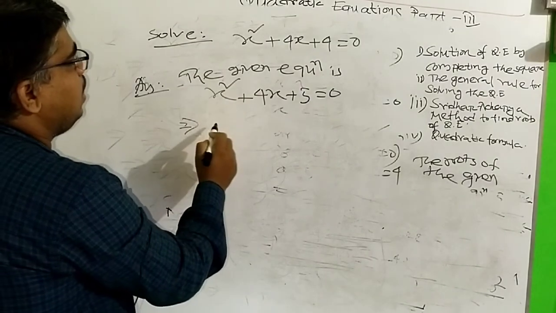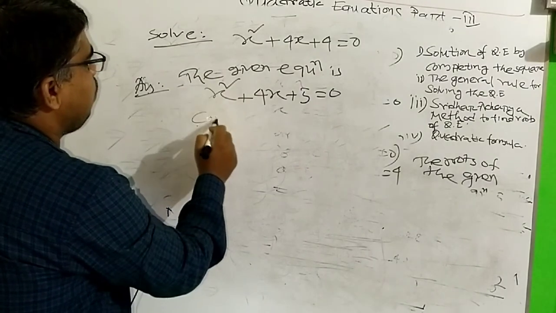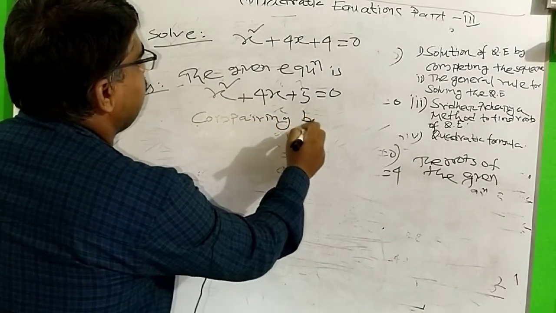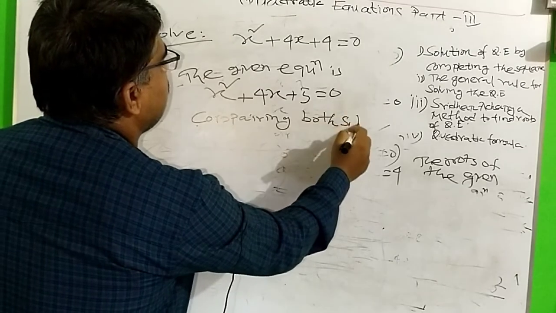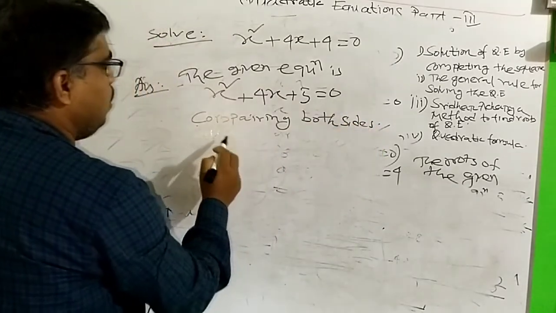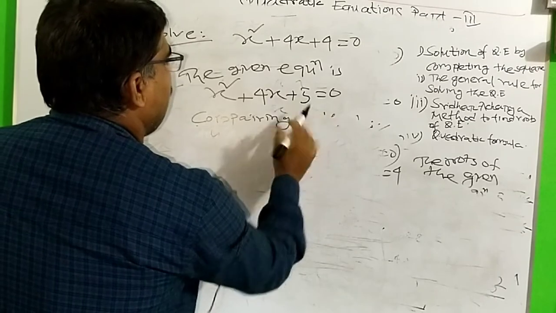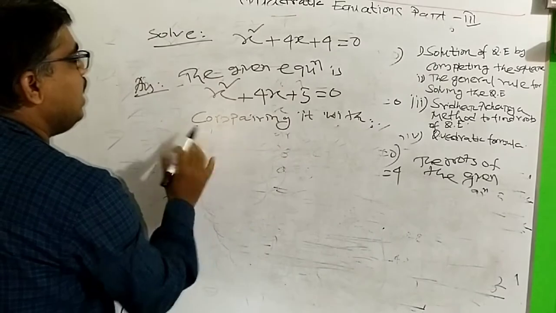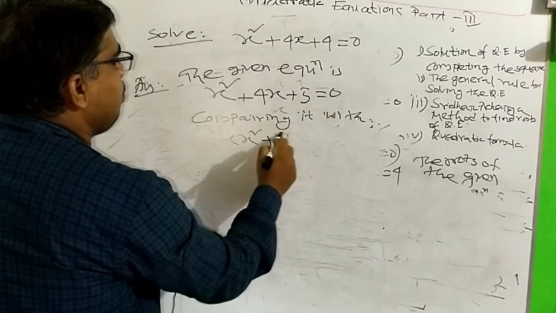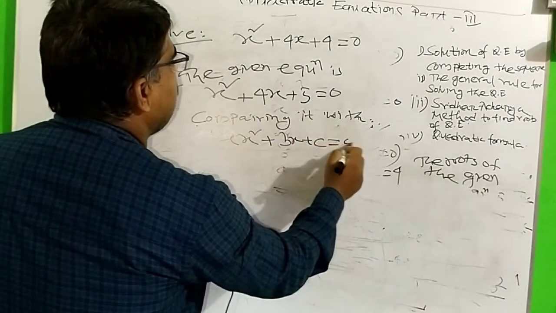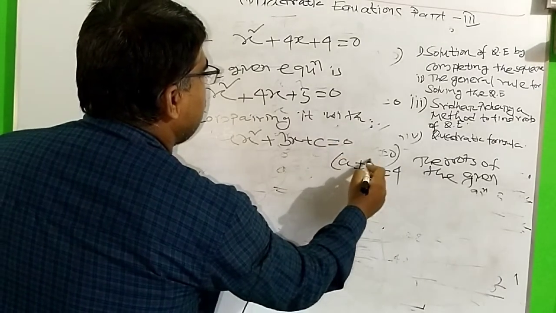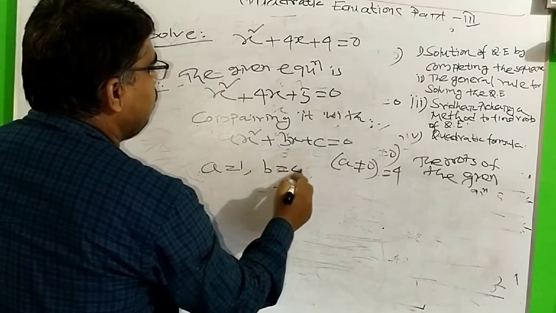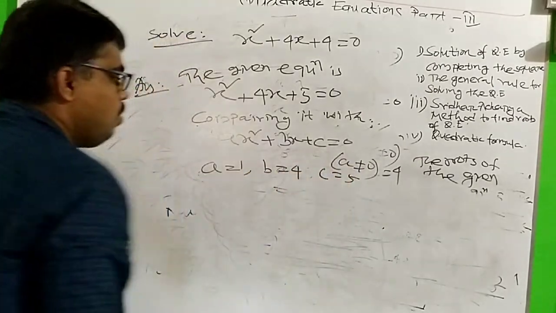This implies, comparing it with ax square plus bx plus c equal to 0, a not equal to 0, we get a equal to 1, b equal to 4, c equal to 5.